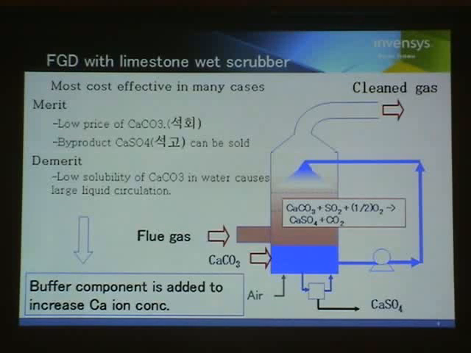The demerit of this system is the low solubility of limestone in water that causes a large circulation rate required for flue gas desulfurization. To overcome this demerit, we often add some buffer component into the liquid to increase the calcium ion concentration in this solution.